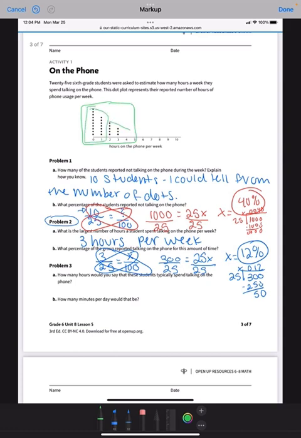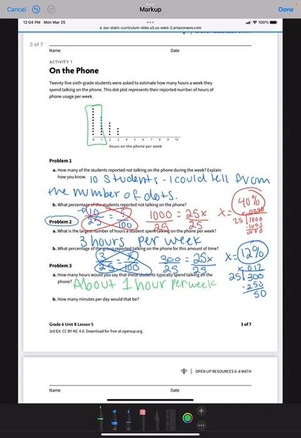It goes down over here. So I would say that students were probably roughly around not talking on the phone or talking for at least about an hour. So about 1 hour per week. And I got that because that's where the largest amount of students were, between 0 and 1. So about 1 hour per week.